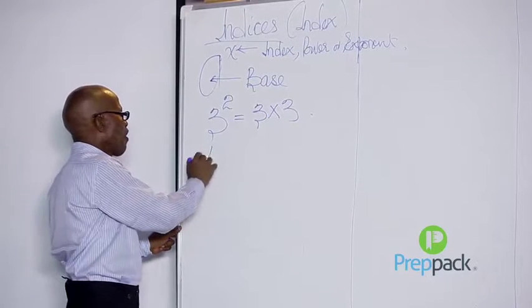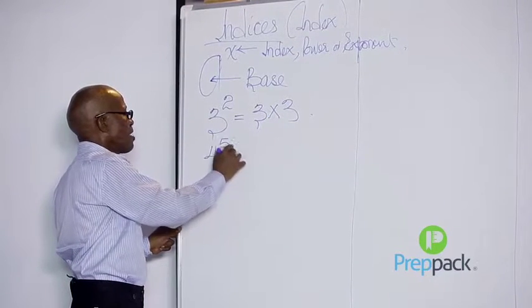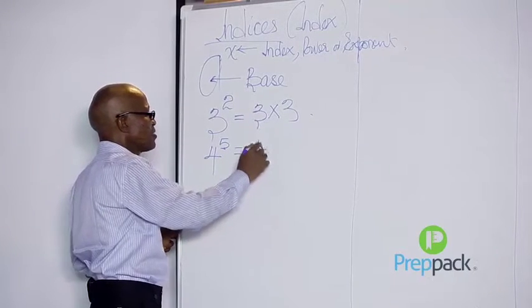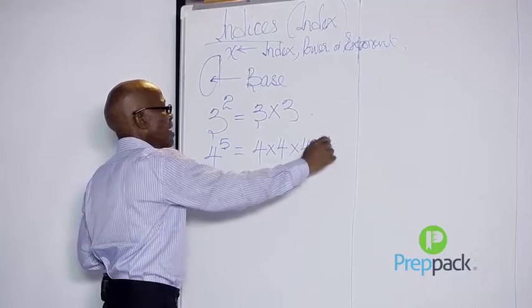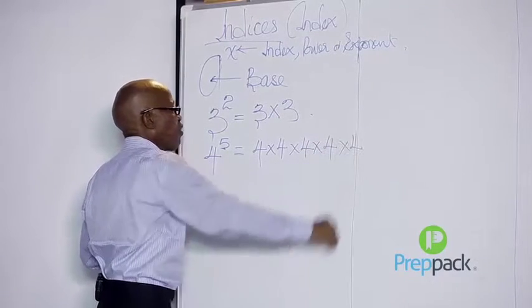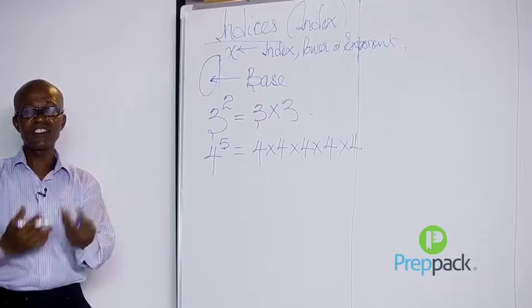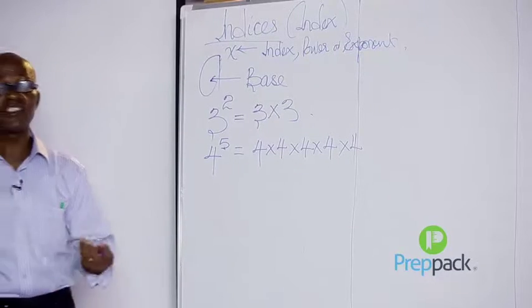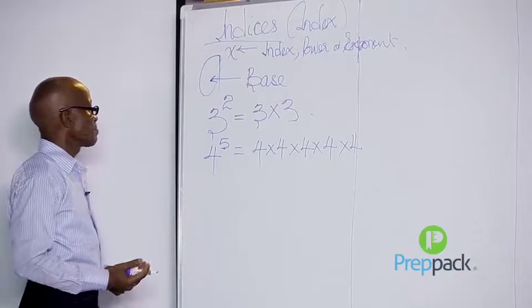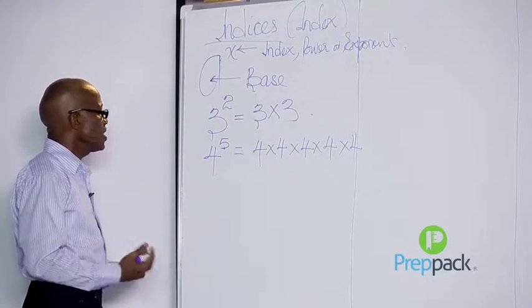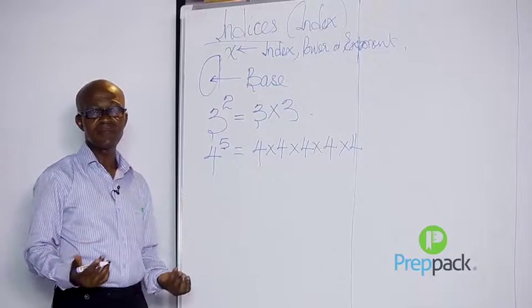If we have 4 raised to power 5, this means 4 multiplying 4 multiplying 4 multiplying 4 multiplying 4. Repeated multiplication. That is what this means. Okay? And over here, how then do we operate these?